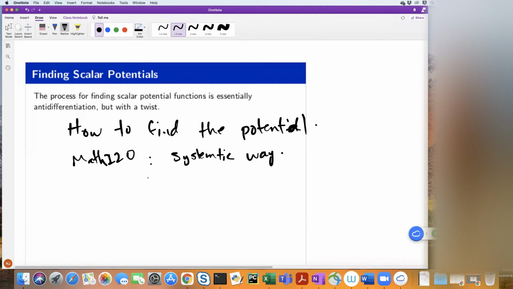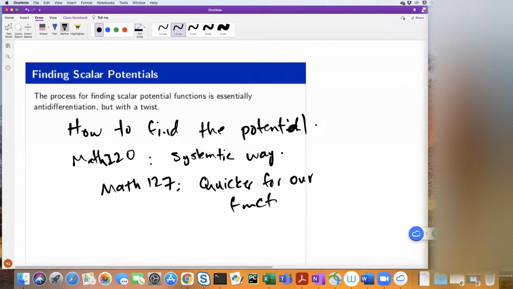But our way is quicker for most functions. The method in 220 is the same pace for all functions. The method that I teach you here is quicker for our functions. So let's learn both of them.